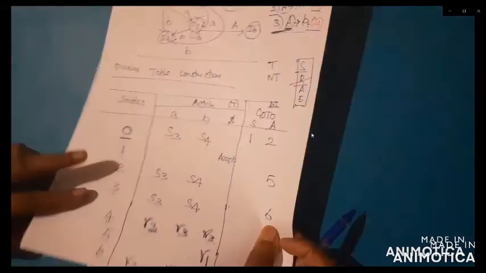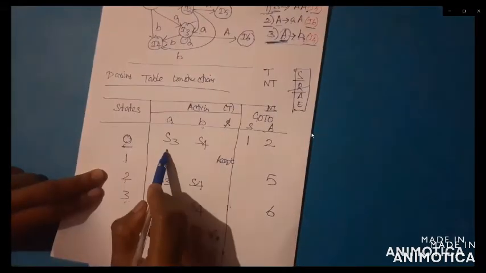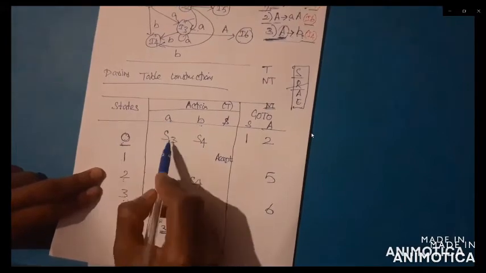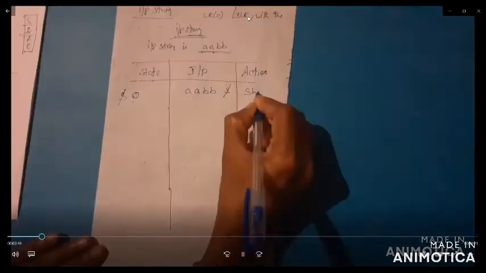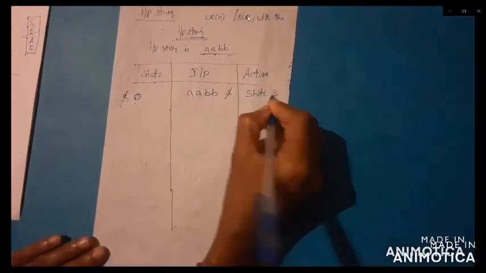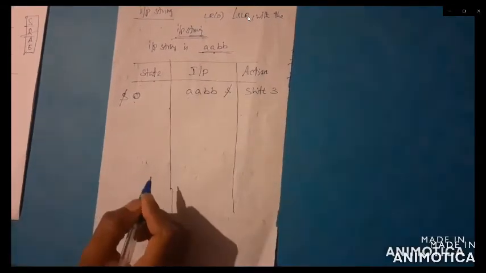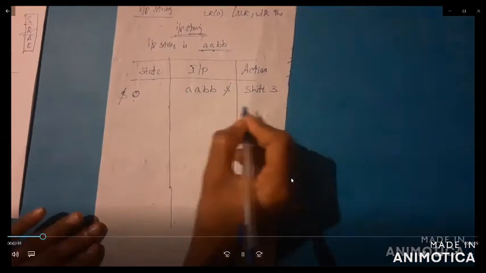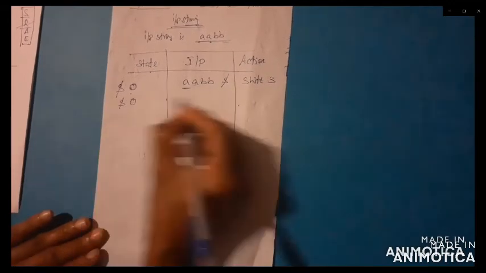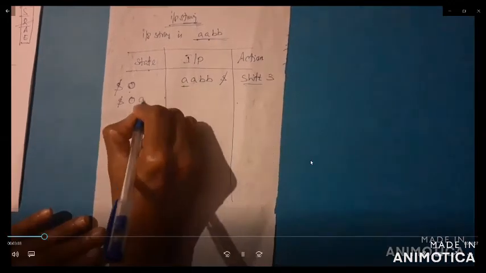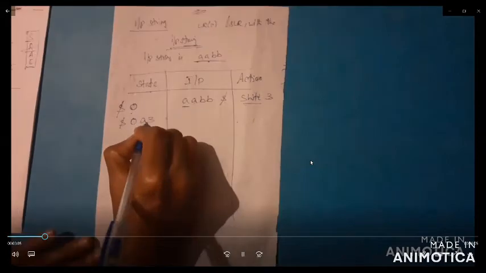Here, 0 on A is S3, so the action is shift 3. The A is shifted onto the stack with state 3.